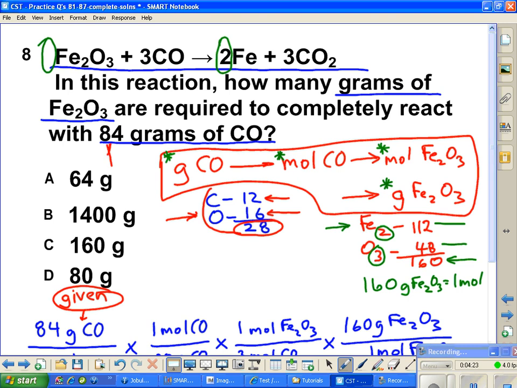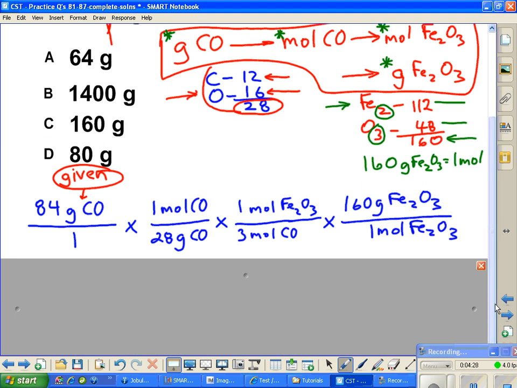Okay. The next thing we're trying to do is get grams of carbon monoxide to moles of carbon monoxide, and that comes from the periodic chart. So I'm just going to label this the chart. When you look on the periodic chart and add up your carbon monoxide, that's 28 grams, which we did up above, and that will give you the mass of 1 mole. That's why we call it the molar mass.